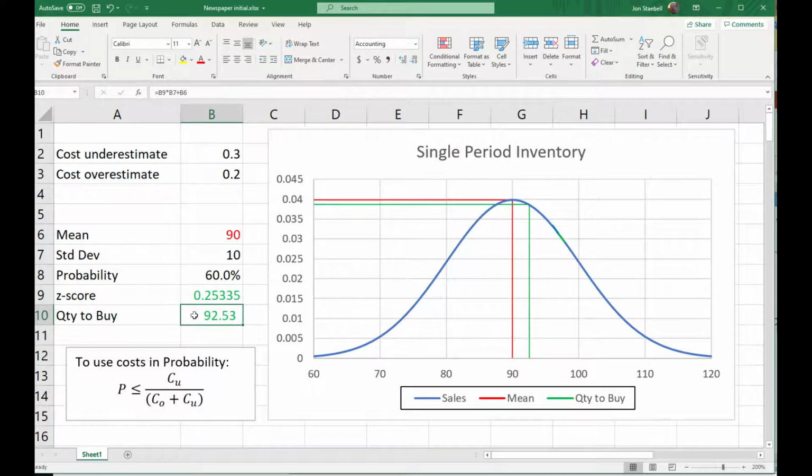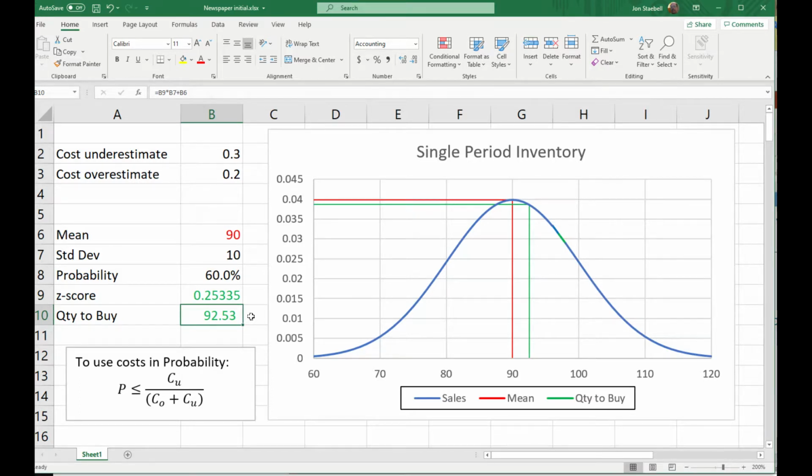So to maximize profitability, what I would do is purchase 93 newspapers at the beginning of every day, and I'm going to have a 60% chance of being able to fulfill all the demand. I'm going to have a 40% chance on any particular day of having people come to me and having to turn them away. But based on these costs, this is the number that maximizes profitability.